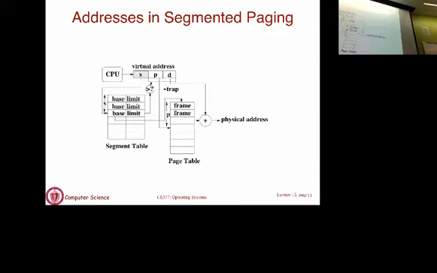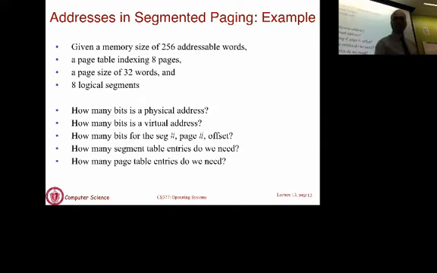Any other questions? Let's see if there's an example here somewhere. Here is a quick example. It's not going to be the full-blown example where you actually have a segment table and so on. It's simply asking the question, let's assume you have a 256 word memory, and the page table can index 8 pages.